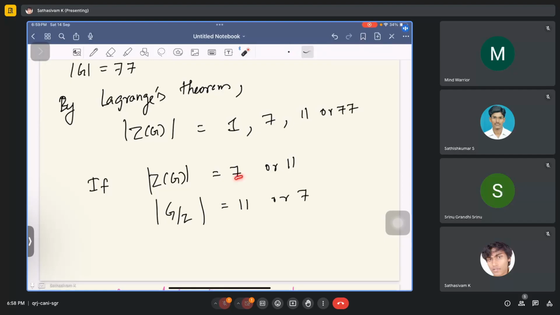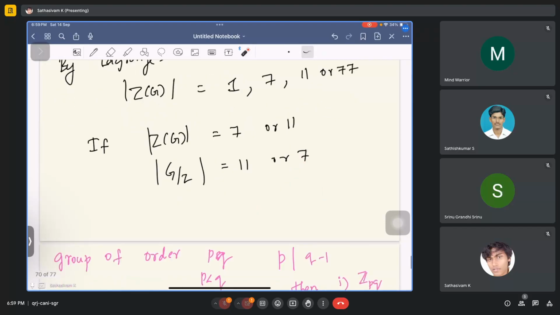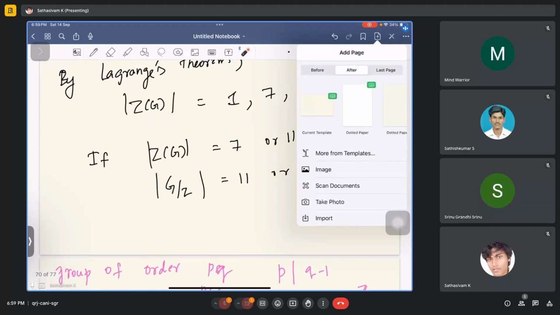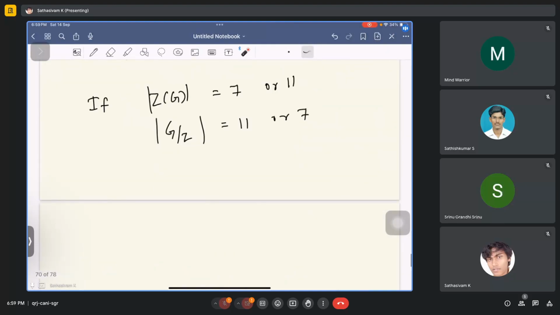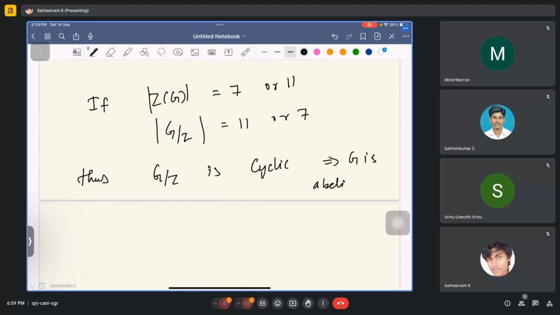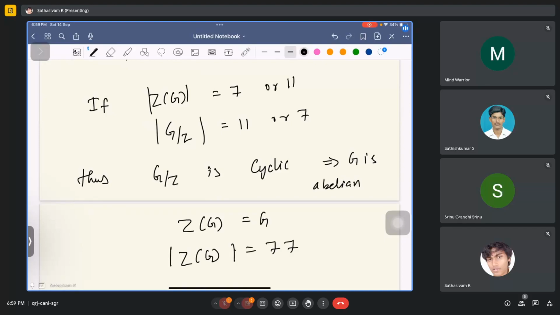If it is 7, you get G by center of order 11. If it is 11, G by center is of order 7. In both cases, G by center has to be cyclic, which implies G is abelian. So G is abelian means the center of G is G, and hence the order is 77. So this gives you a contradiction.